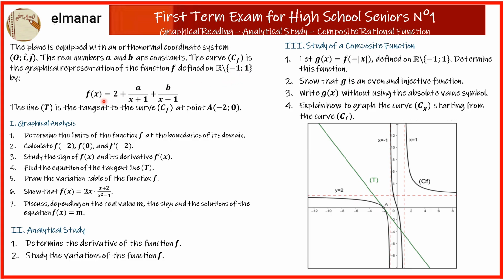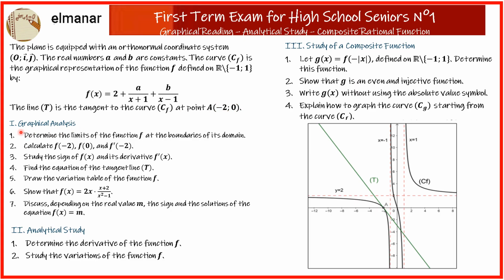The function f of x is written as follows: 2 plus a divided by x plus 1 plus b divided by x minus 1. The line called t is the tangent to the curve CF at the point A, which has coordinates -2 and 0.